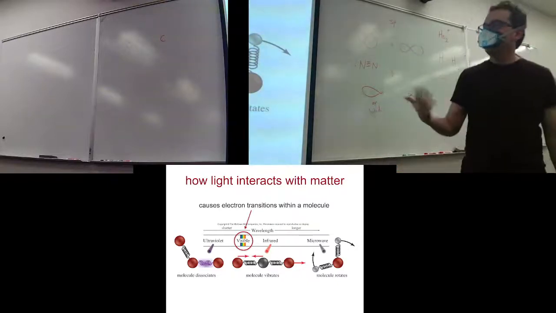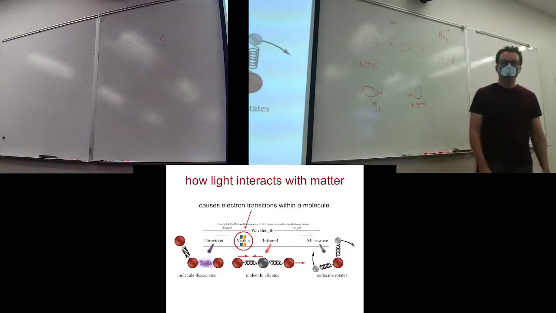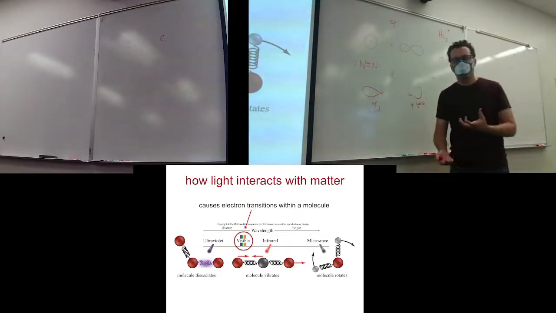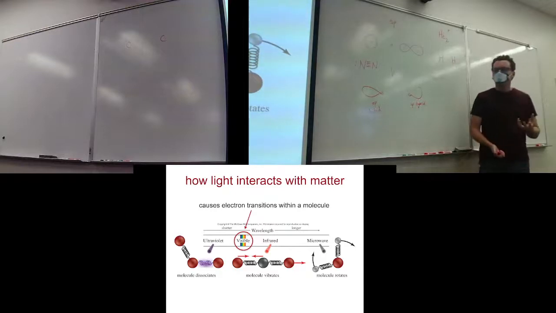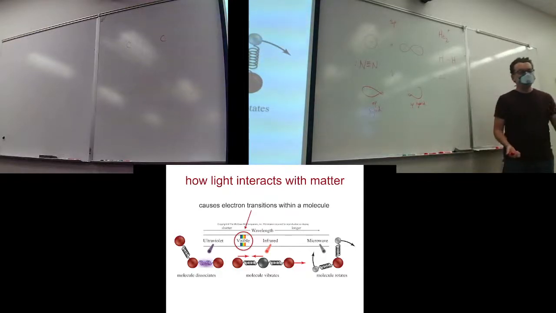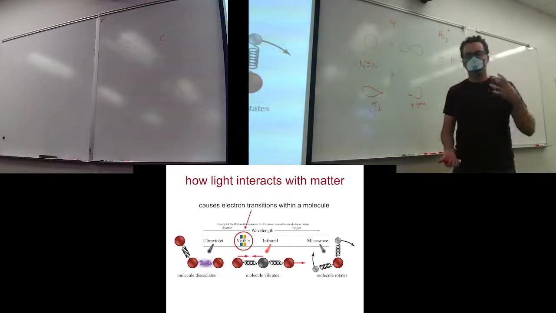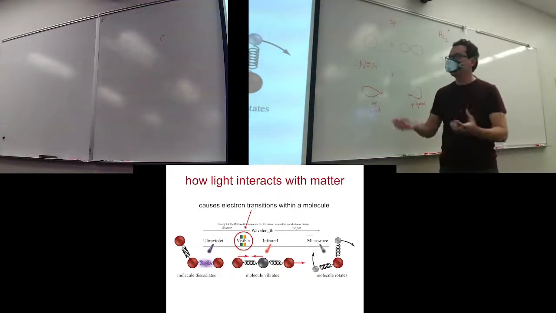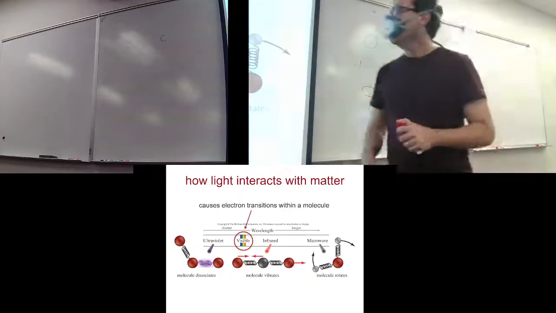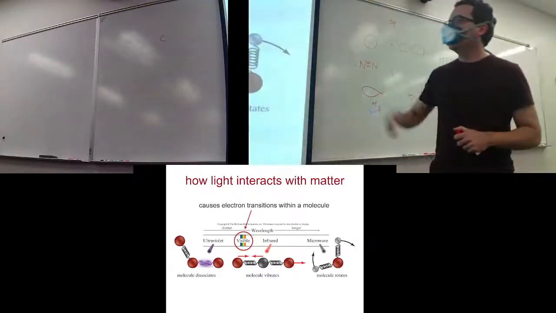There are other things this is useful for. So we just did a lab today where we looked at IR spectra. And we saw that the IR spectra that we see from molecules comes from the absorption as a vibration. So it comes from vibrations of bonds. But what about the visible side?